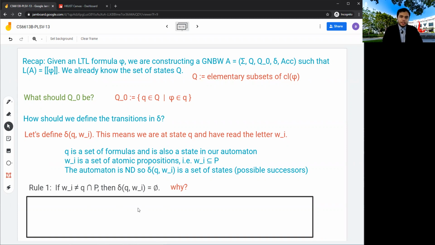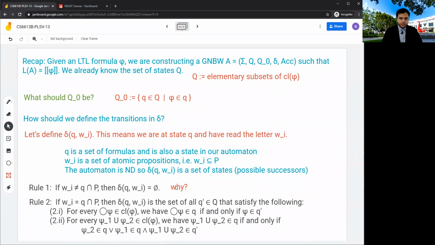Now, if you go back and think about LTL, we had these atomic propositions that we were handling, but we also had until and next. So we need another rule to take care of until and next. So let's say that actually Wi was Q intersection P. So Wi was exactly equal to the set of atomic propositions that appeared as formulas in my state Q. This means that starting from Q, I can at least take one step.